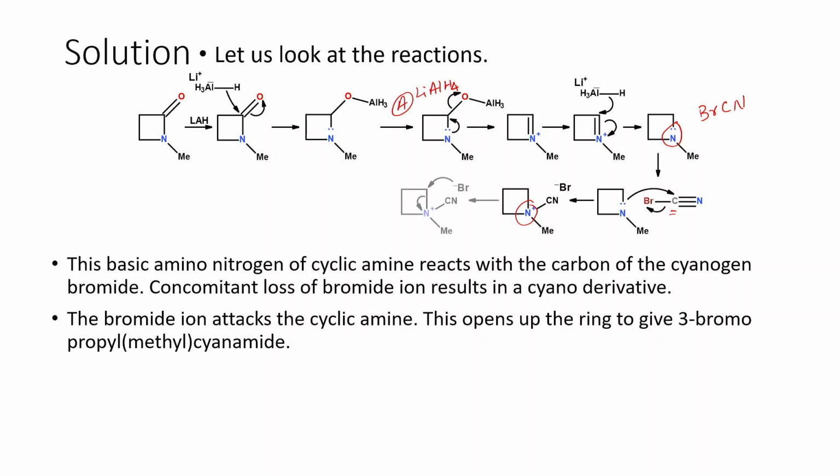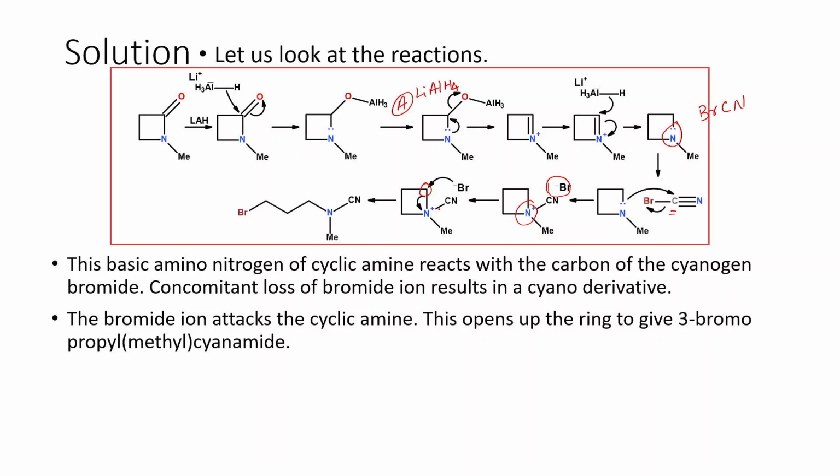So in the next step, the liberated bromide ion actually attacks the neighboring carbon atom. When it attacks the neighboring carbon, the carbon nitrogen bond is broken towards the nitrogen atom to neutralize the charge on the positive nitrogen. So we end up with a ring opening of this particular amine after the addition of cyanide and the bromide ion.